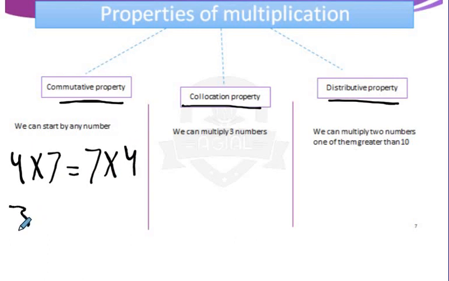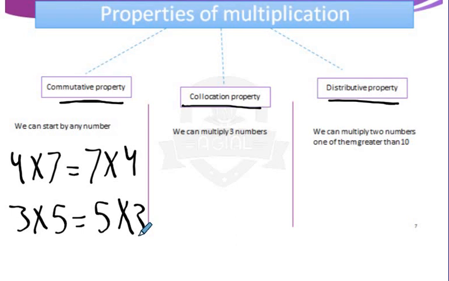If you write 3 multiply 5, who can say equals what? Excellent, we can start by 5. 5 multiply 3. So 4 multiply 7 equals 7 multiply 4. 3 multiply 5 equals 5 multiply 3. 2 multiply 1 equals 1 multiply 2. And so on. Is this easy? Commutative property.